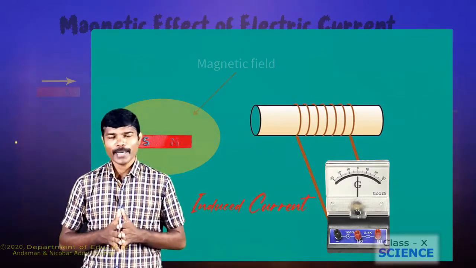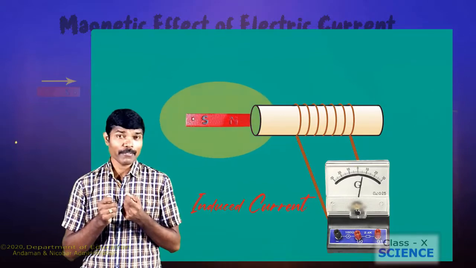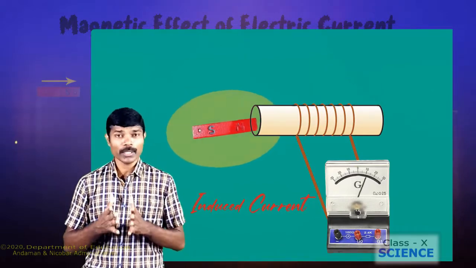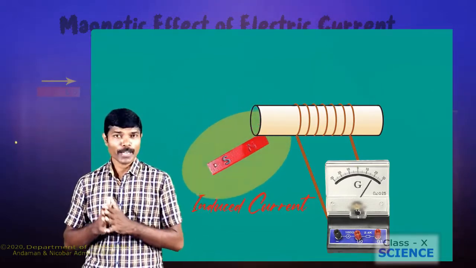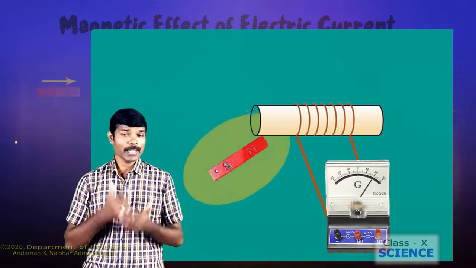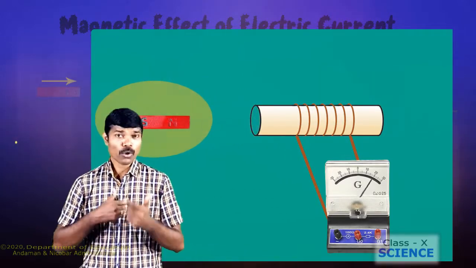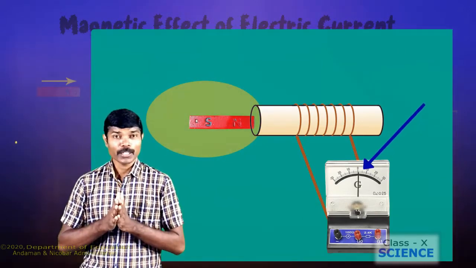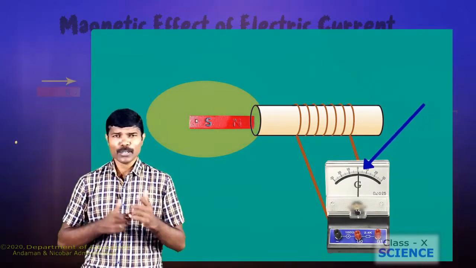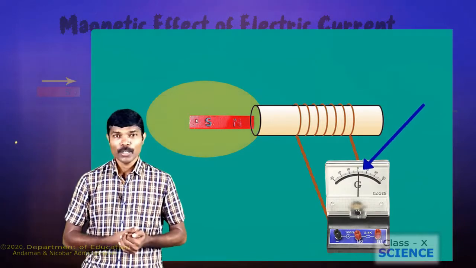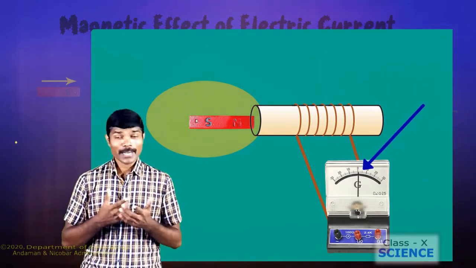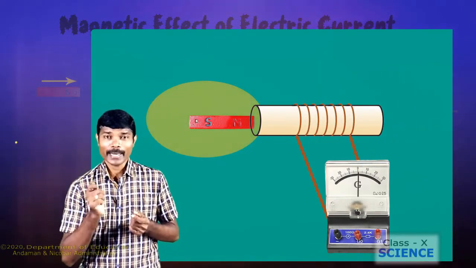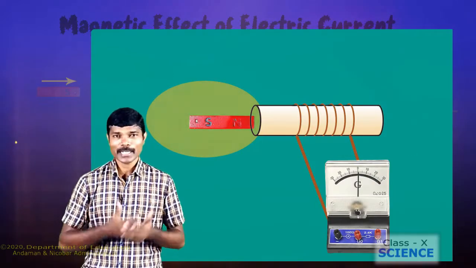In electromagnetic induction, when we move the magnetic field near the electric circuit, we could see the deflection of the needle of the galvanometer, which indicates that electricity is produced in the circuit. If we stop moving the magnet, there will not be any deflection. It is at zero, which indicates that no electricity is there in the circuit. So it is clear that moving the magnet near the circuit produces electric current.